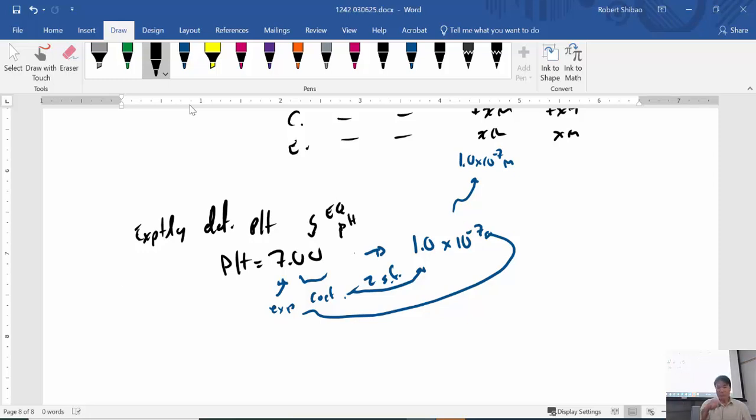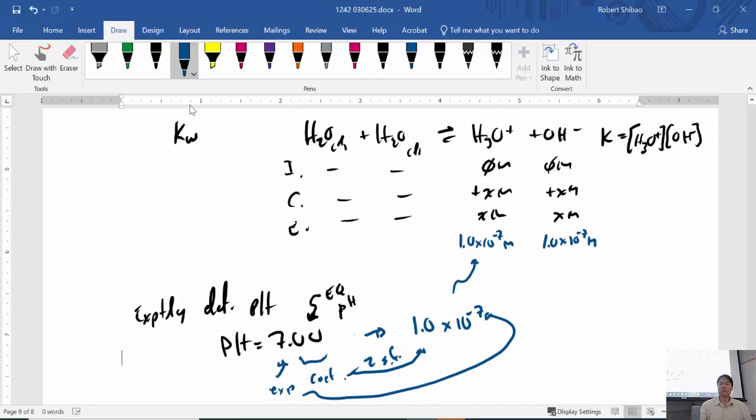We could have the initial pH recorded, but that would require a different type of reaction. Okay, and then because it's a 1-to-1 ratio, it's going to be 1.0 times 10 to the minus 7 molar.